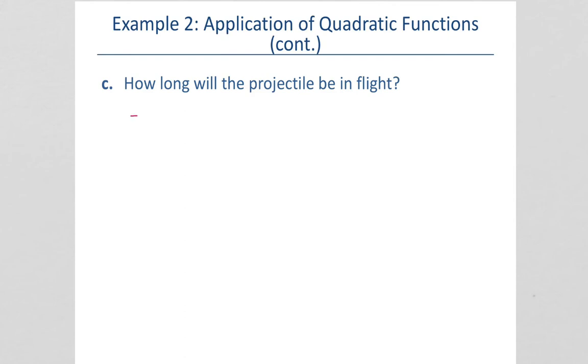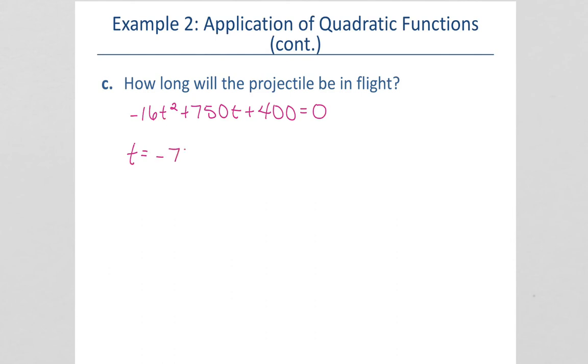So we want to see where negative 16t squared plus 750t plus 400 is equal to 0. When does it start and when does it land back on the ground? So we use the quadratic formula.